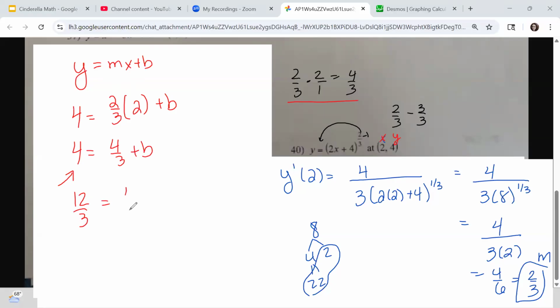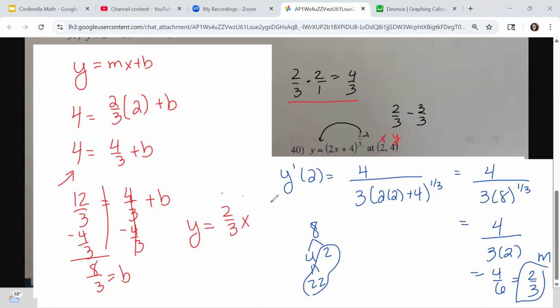If you have a fraction calculator, you don't really need to do that step, but I like to. This is why fractions were so important back in 5th grade. You knew they had a reason. There we go. Final answer, y equals 2/3 x, so mx plus b. And again, you're welcome to check it if you'd like.